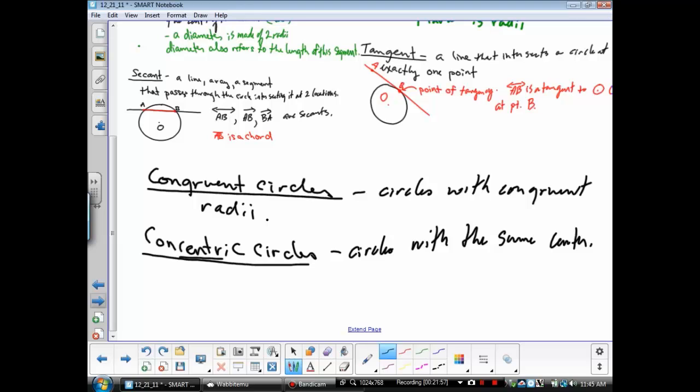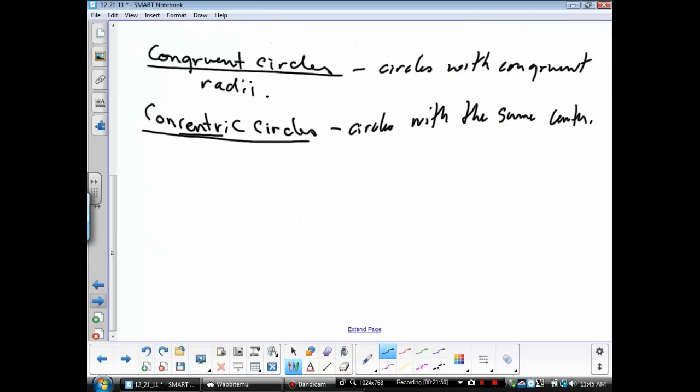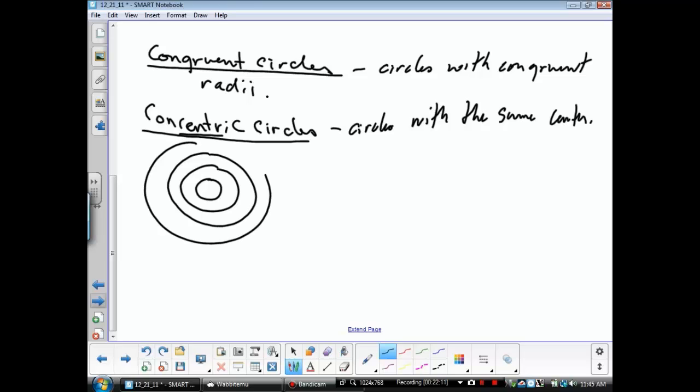So, if I draw concentric circles, what type of shape do I end up with? Oh, bullseye. Those are concentric circles. They're circles that share the same center.